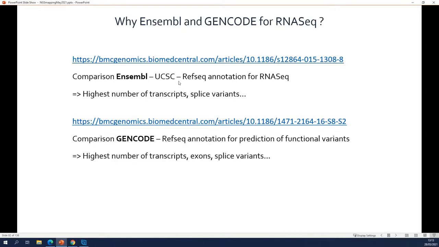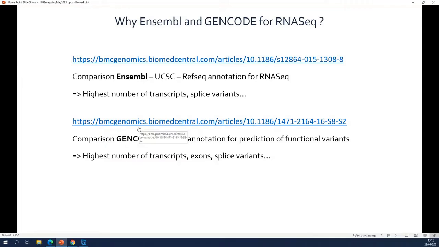It will only include annotations that all 3 of them find, so that everyone agrees on. They thought initially that this would be a better choice because if everyone finds it, you're more sure it must be real. But this paper comes to the conclusion that many of the annotations that are predicted only by Ensembl are real. Yeah, they exist. So Ensembl is the most complete one.